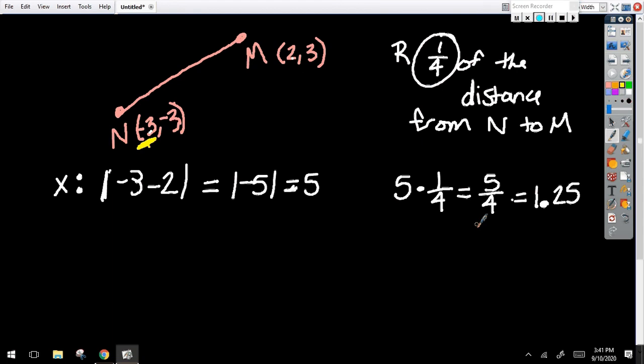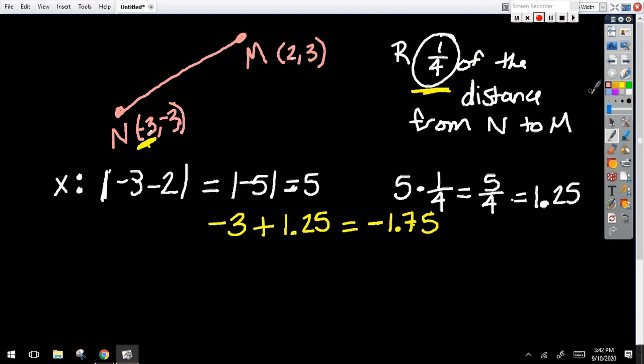I want a quarter of the distance, okay? So a quarter of 6, I multiply, and I get 6 over 4, which happens to be 3 halves, which is 1.5, right? So 1.5 units from -3. Well, -3 plus 1.5 would be -1.5.